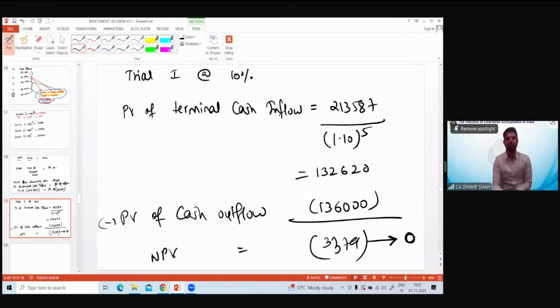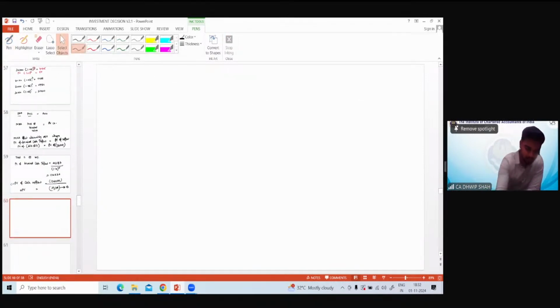This is what we have learned in the last lecture. So to increase your present value, you need to reduce the discounting rate. So trial 2.